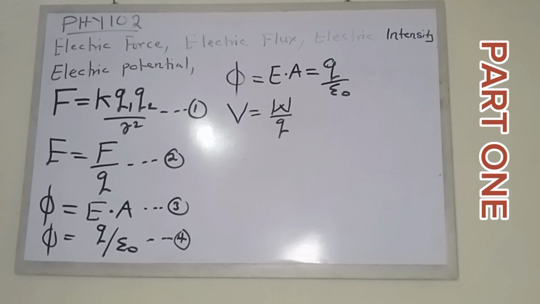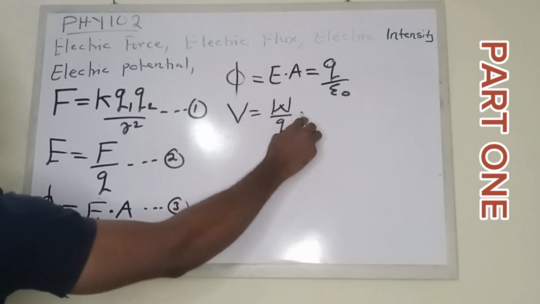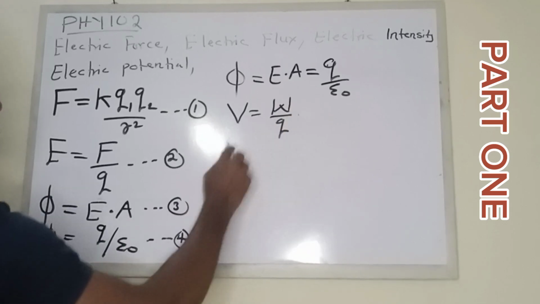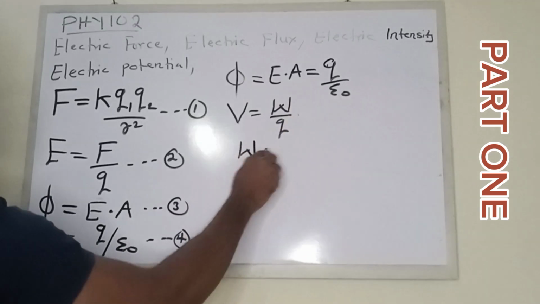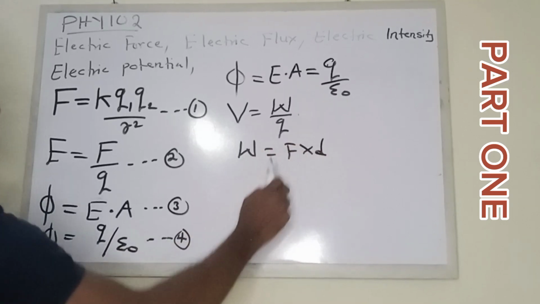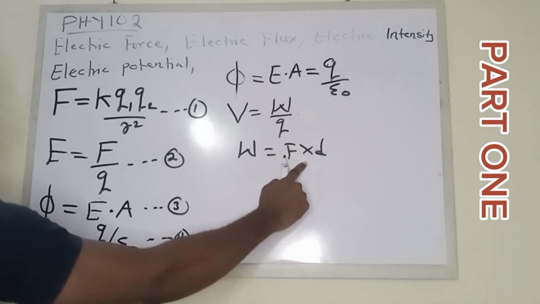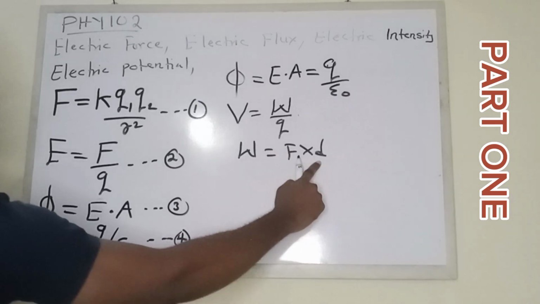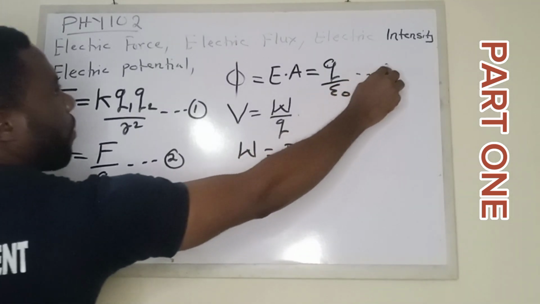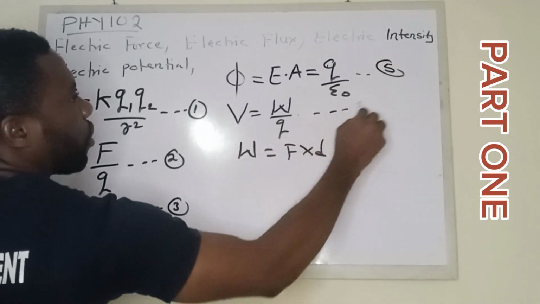And at this point, let's break this down. We know that work done is equal to force multiplied by distance. So we can substitute this work done into equation 5, and let's call this equation 6.